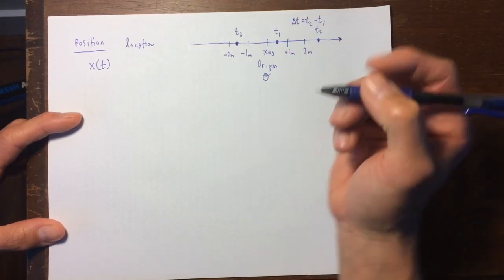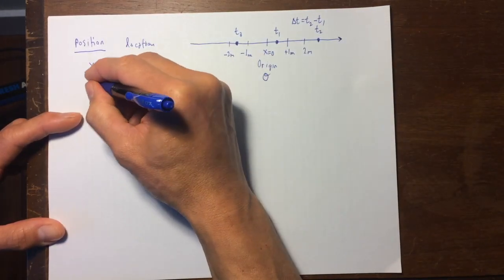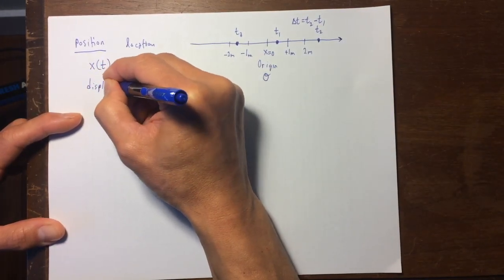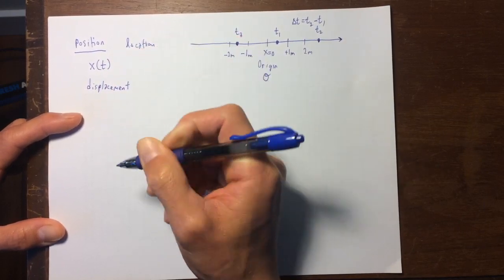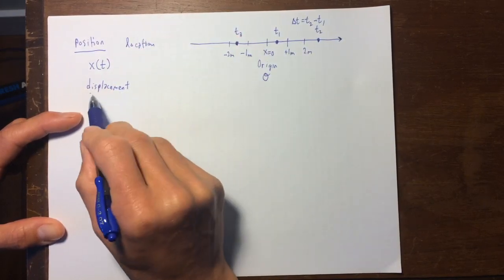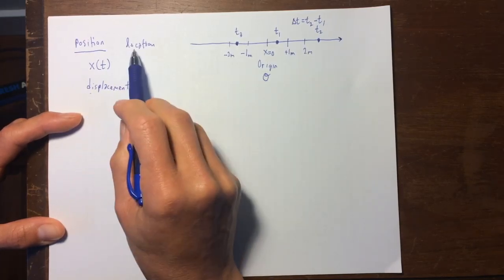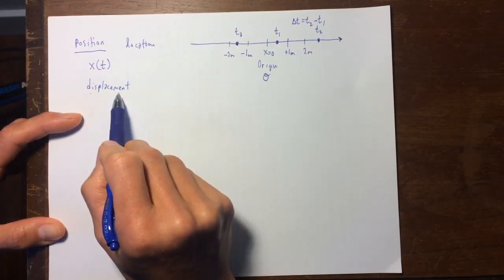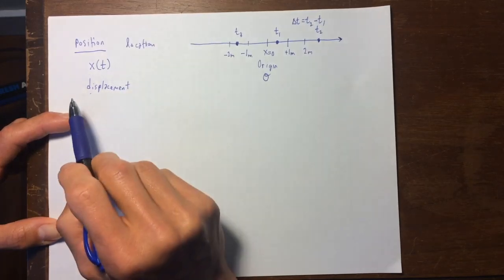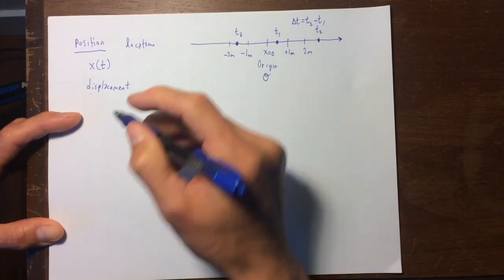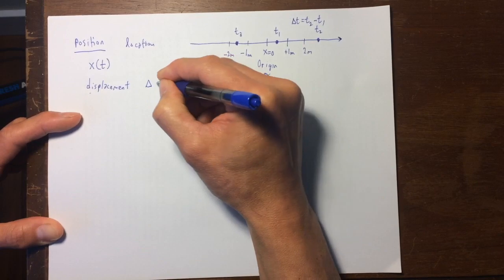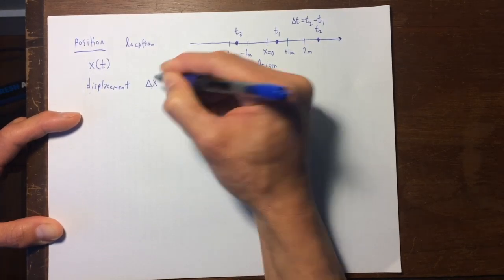So let me go and describe what's meant by displacement. So displacement isn't really a location, or it's not a location. Displacement is the difference between two different locations or two different positions. And this displacement is called delta x.